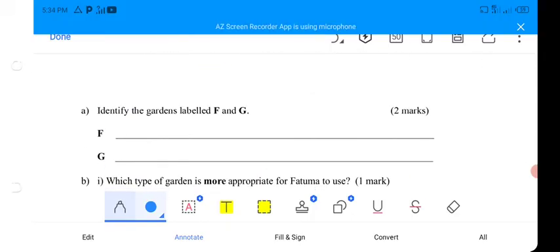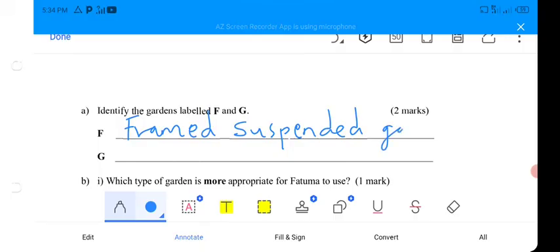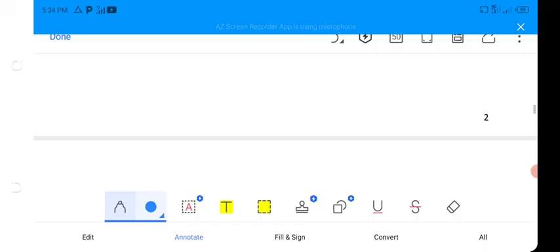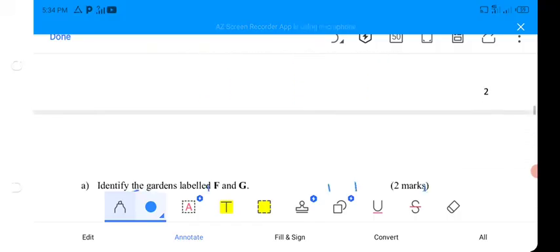Framed suspended garden. G is a container garden.